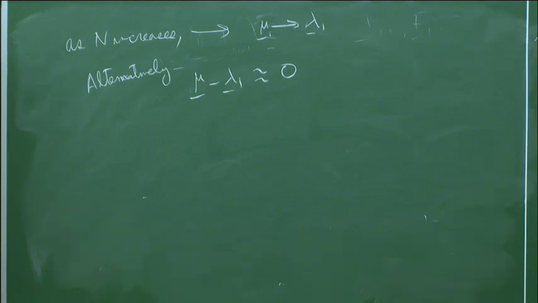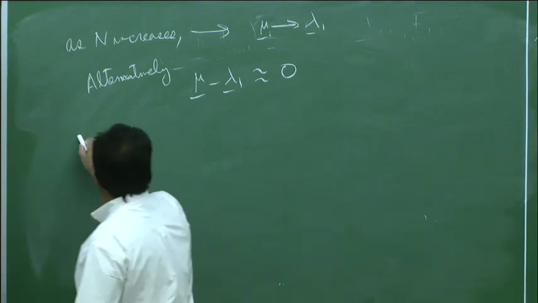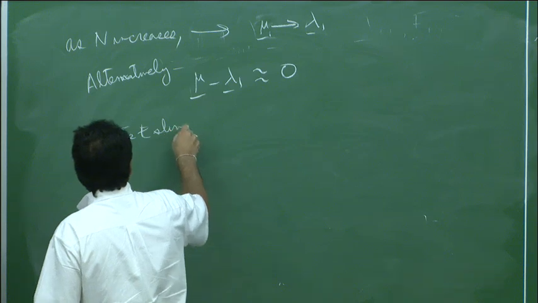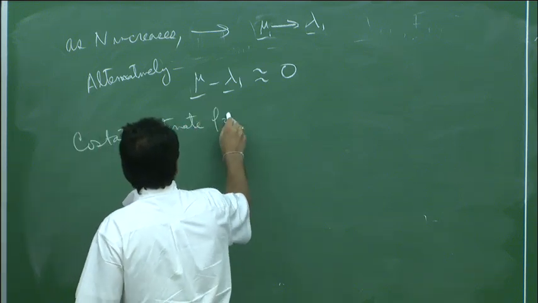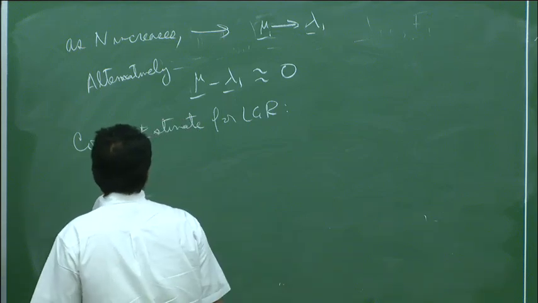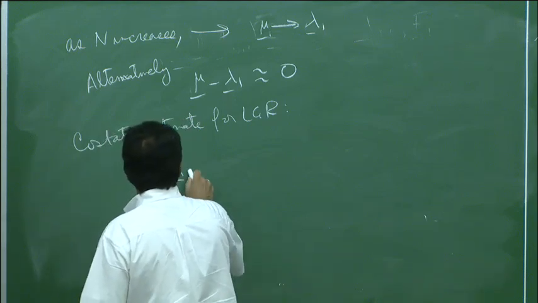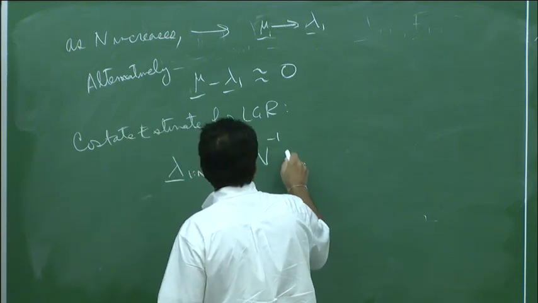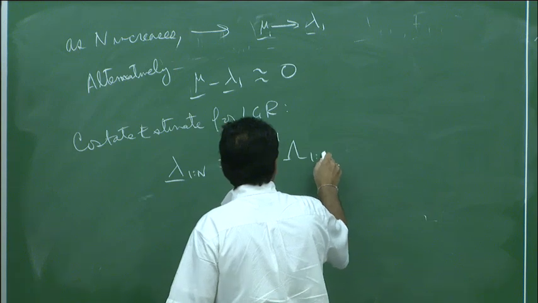So in the end, our costate estimate can be developed as follows. The costate estimate for LGR, which you can see is a little simpler than the one for Gauss, is that lambda 1 colon n is equal to W inverse times capital lambda 1 colon n.